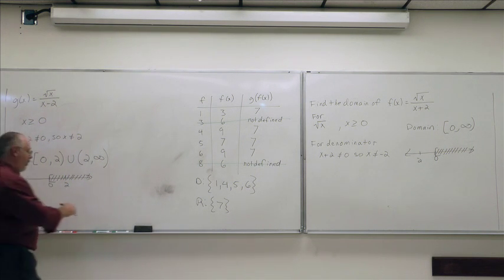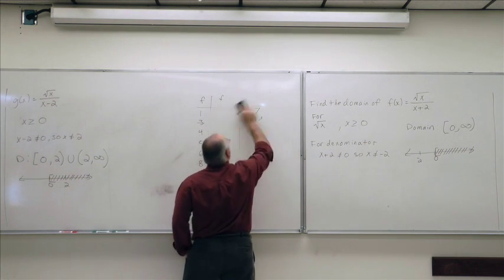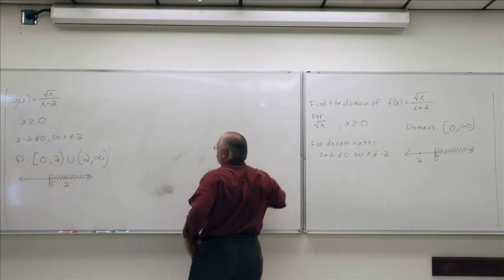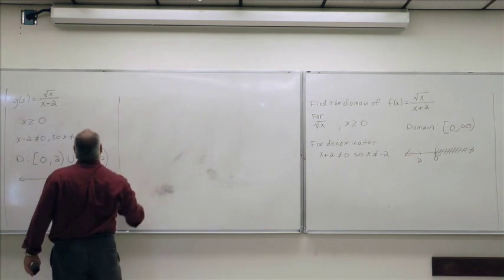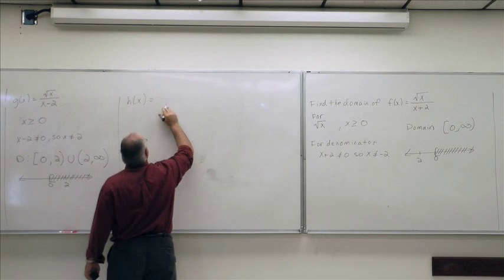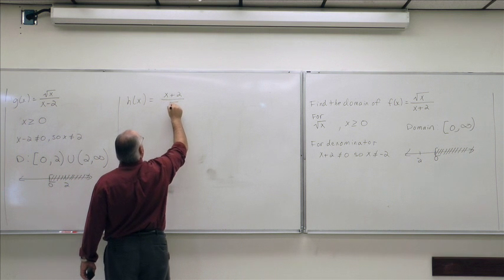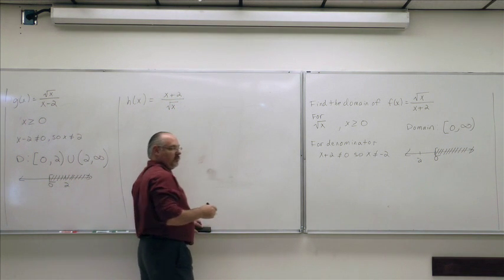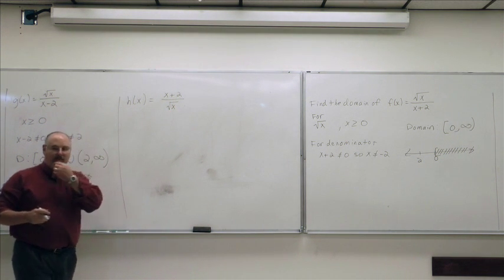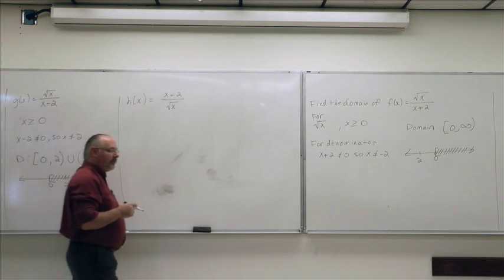All right, let me give you one more of these. Let's say again you want to find the domain of h of x is equal to x plus 2 over the square root of x. So here, what's the concern?